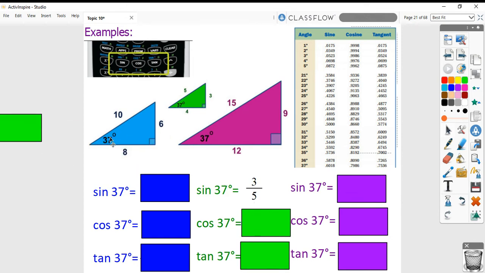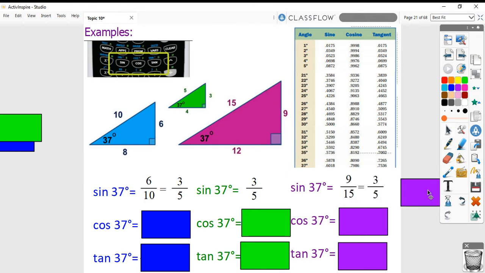When you look at this triangle, if you're taking the sine of the blue triangle, that's 6 over 10, which if you reduce it down is equal to 3 over 5. It's the same thing if you look at this one over here. The opposite side on this triangle would be 9. The hypotenuse is 15, and 9 over 15 reduces down to 3 over 5.